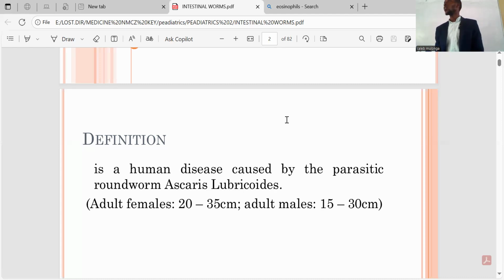So in today's lesson, we're looking at another type of roundworm. The condition is called Ascariasis.